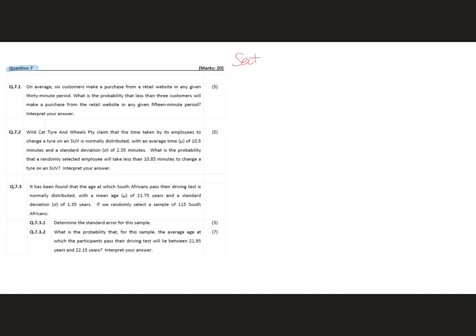So remember section C, which is the last thing that we were working with, was based on question 7 and question 6. Question 6 we actually did in the previous recording. So question 6 was based on learning unit 5. And then question 7, which we're going to do now, is based on learning unit 6 and 7 combined. So there's actually 2 learning units that are covered in this one question in the exam.